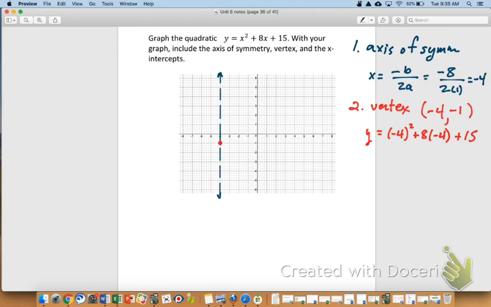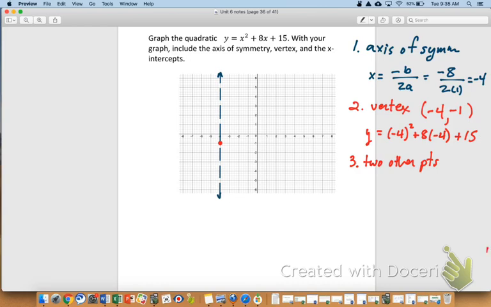Okay, so then the only other thing I got to do here is get 2 other points that are actually on the parabola. And I am most often going to suggest to you that those 2 other points be x-intercepts.